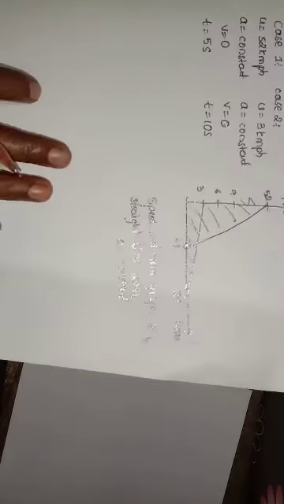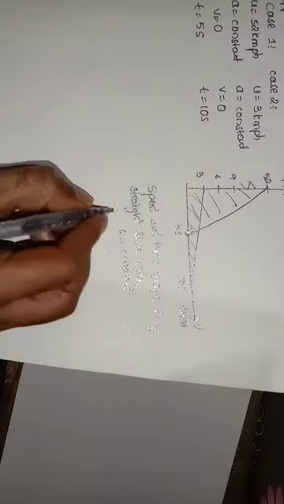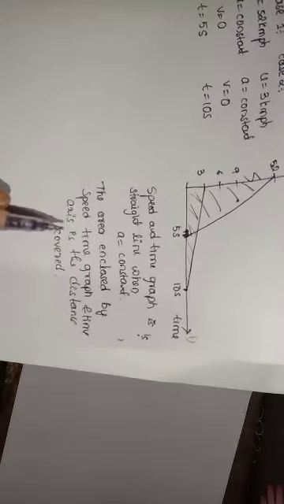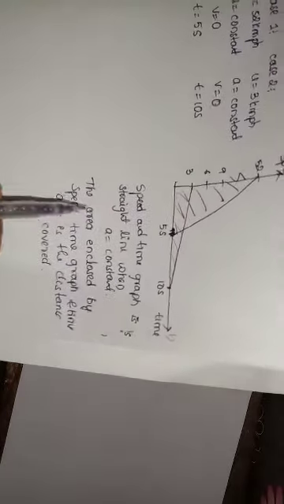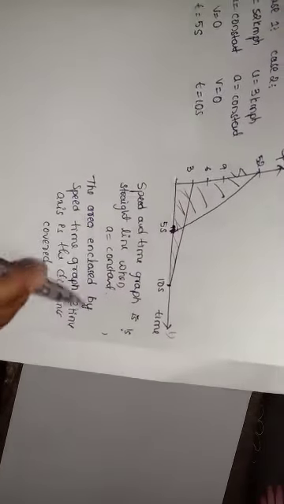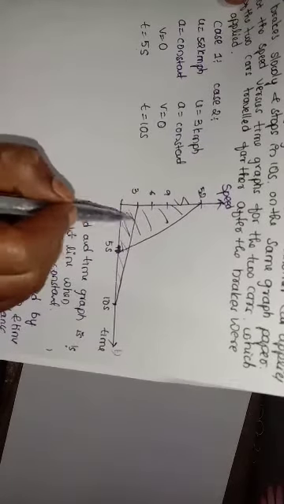The area enclosed by the speed-time graph and the time axis is equal to the magnitude of the distance covered. If the speed-time graph is given, we can find the area enclosed by the graph, and that is the distance covered. Here this appears to be a right angle triangle, right?